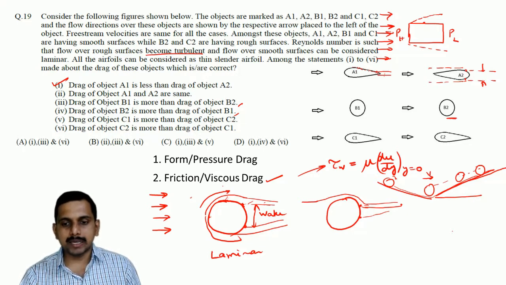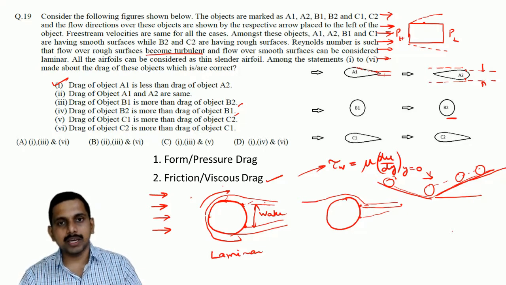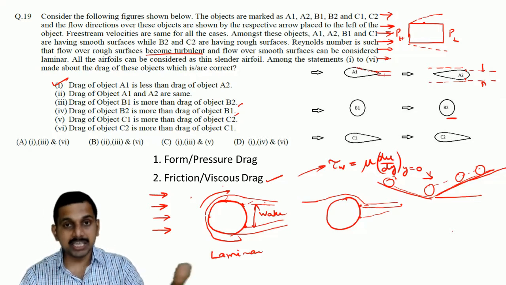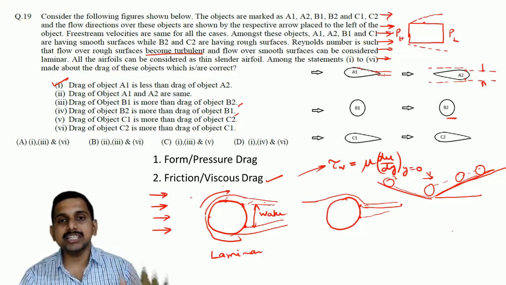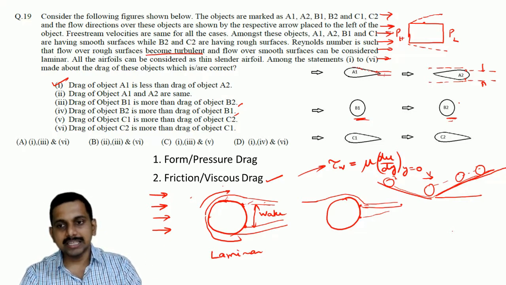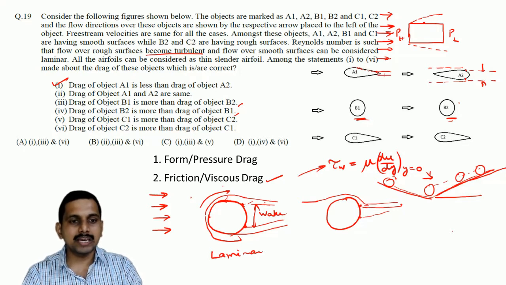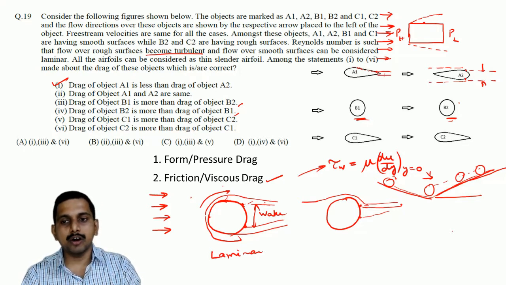But the increase in the skin friction drag is much less than the reduction in the pressure drag, and that is the reason B2 has much lesser drag than B1. So we can say the drag of the object B1 is more than that of the object B2.